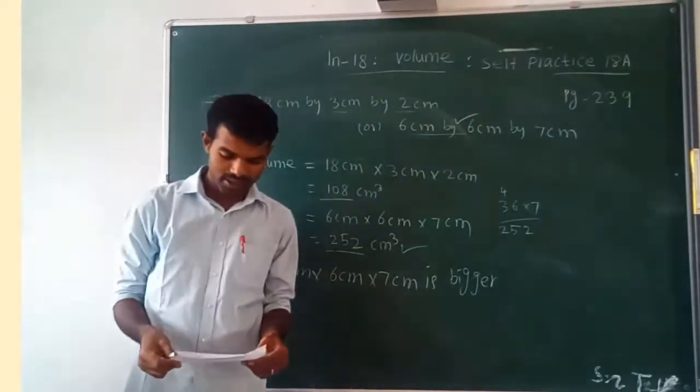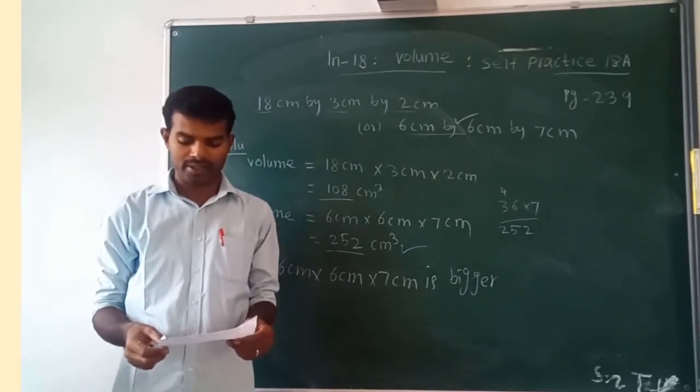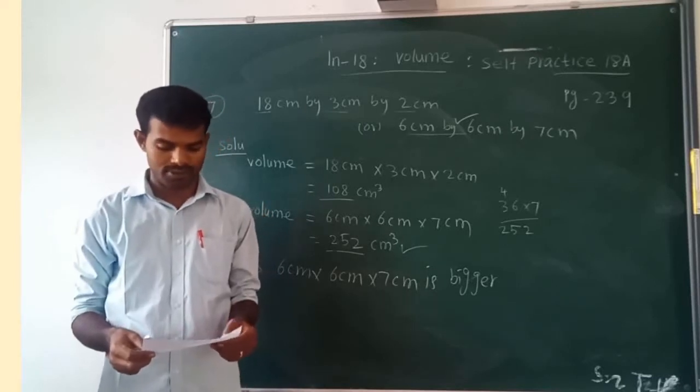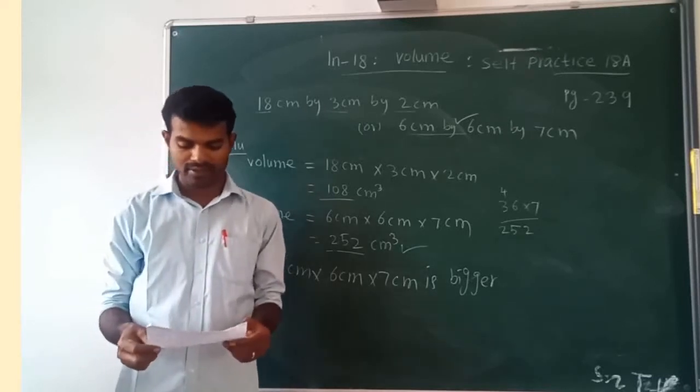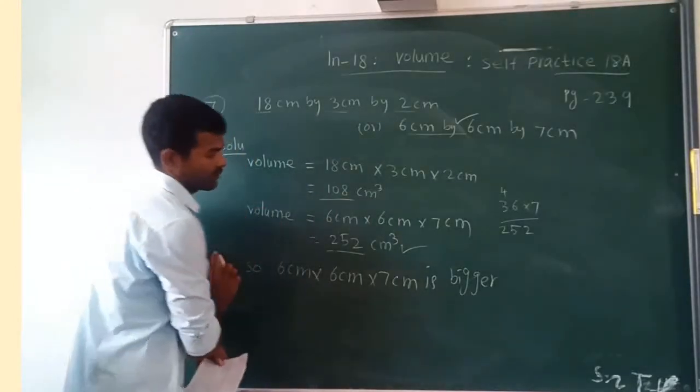Next, let us see question number 8. Find the volume of the rectangular solid whose dimensions are as follows. So here we have to find the volume.